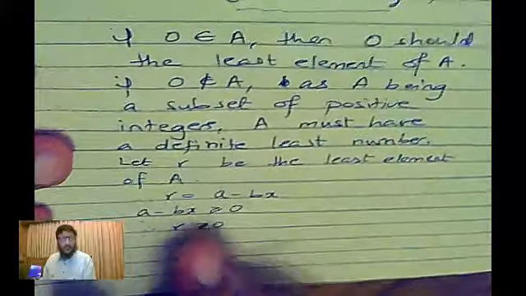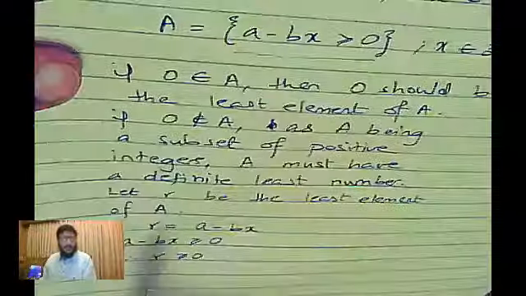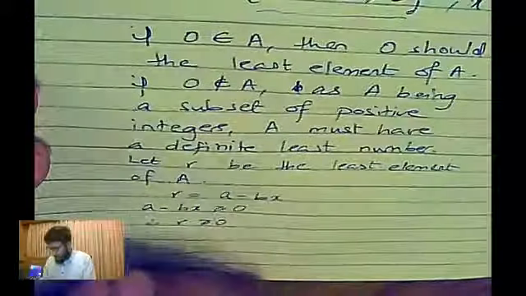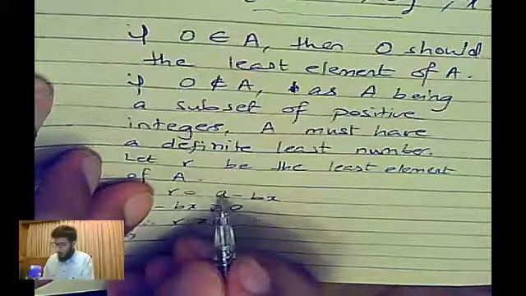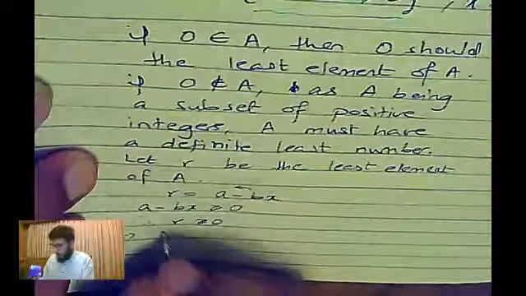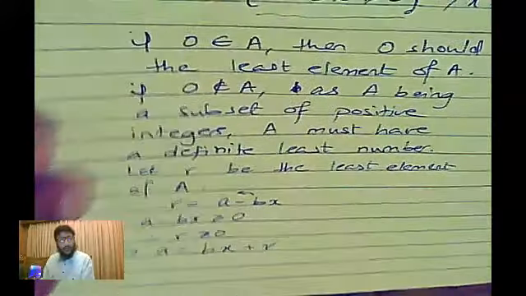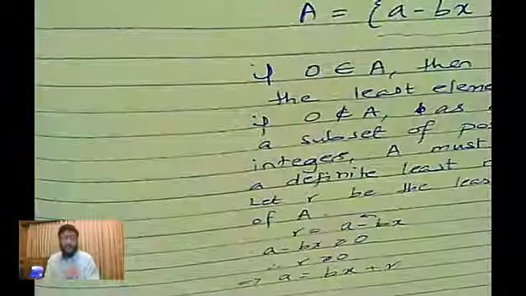So we have A minus BX equals R. This implies, if we shift BX to the left side, A equals BX plus R. And X is a variable, as you guys already know.